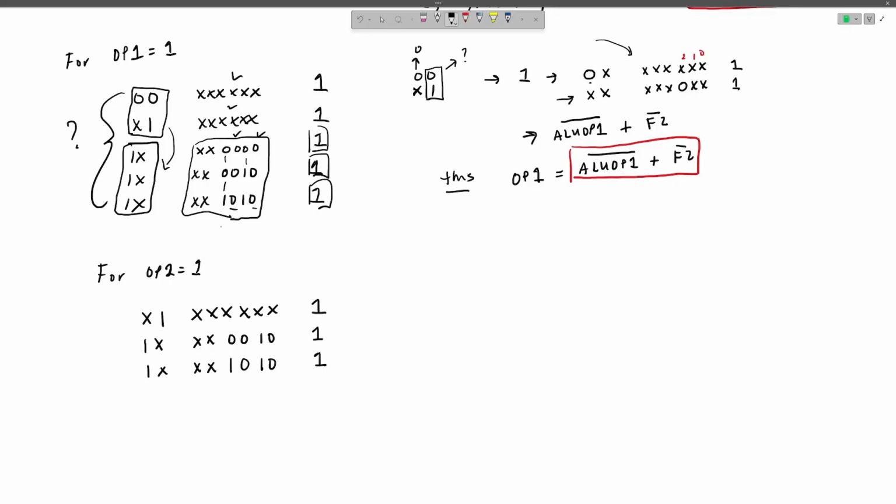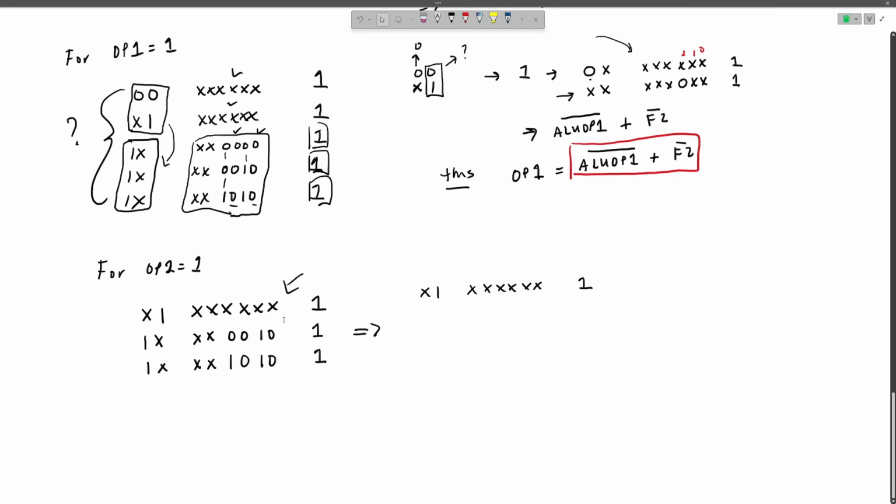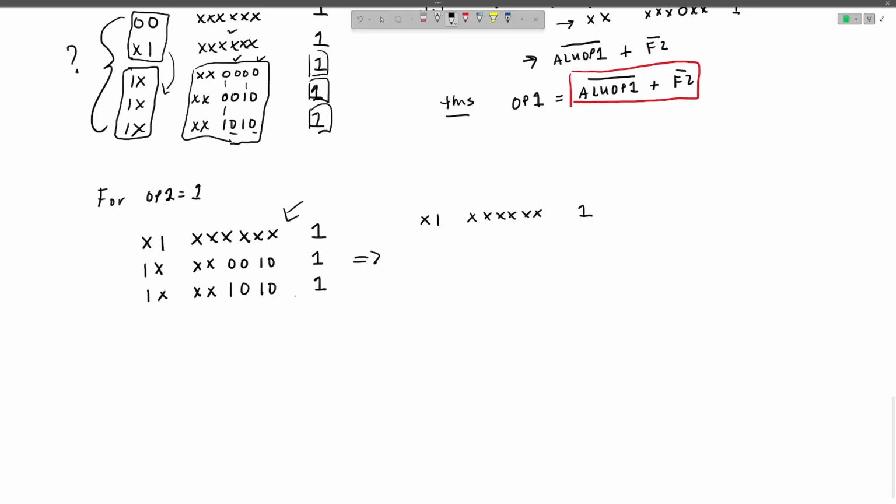So we do need this condition. So that's a bunch of don't cares. Now we have to see if there's a way to combine these two. And it's clear there is. So if I have a 1 here, I don't care about that one. And I see a 1 here.